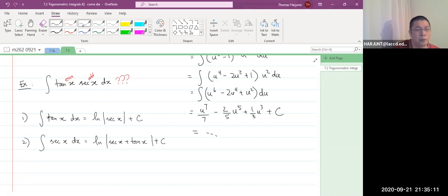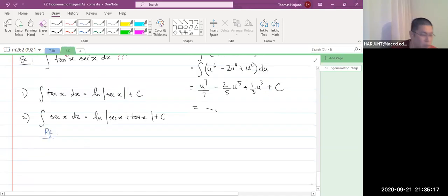Let me prove it. The proof of this integral of secant x directly is actually coming from somebody. You can see this in your book on page 499. But we actually have done this backward.